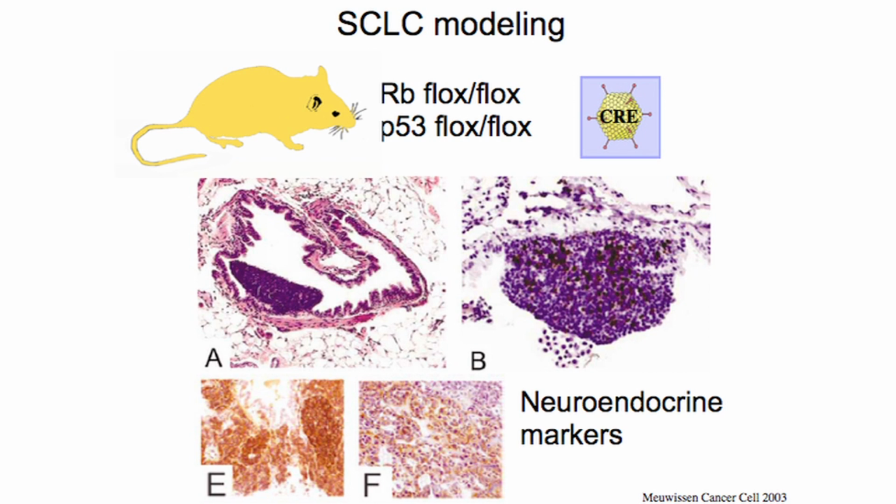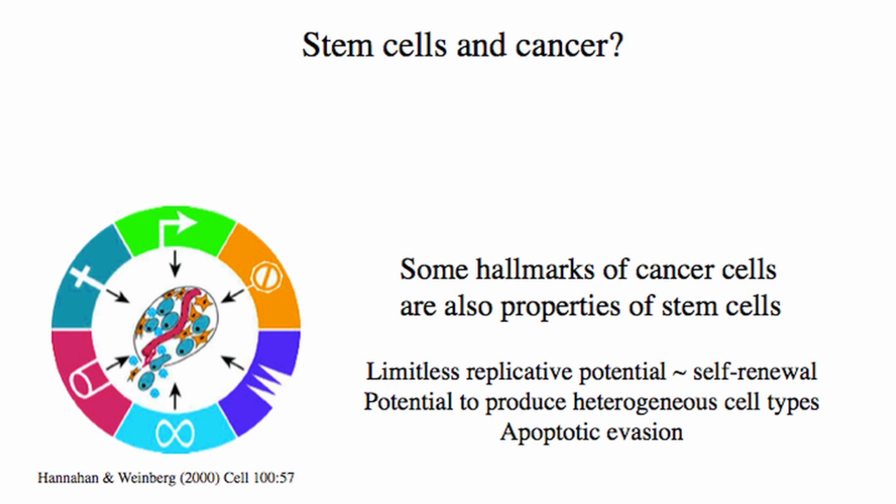So with all of these tools in hand, we can then combine the knowledge of these tools with our knowledge of stem cells and begin to ask, how might these ideas be connected? And in fact, when I first started my postdoc, the idea of how stem cells and cancer might be related to one another.